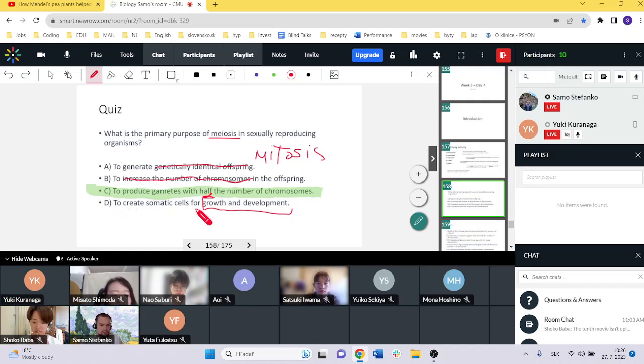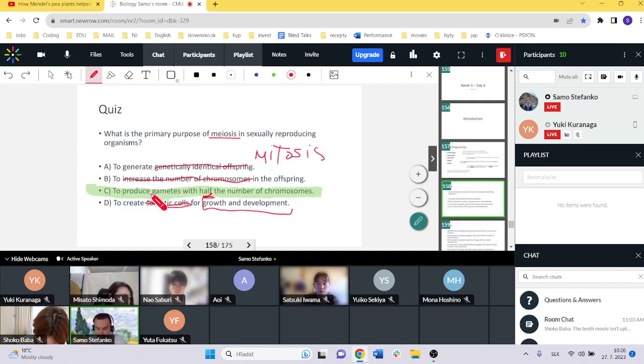In the D, meiosis purpose is to produce a sex cell. Perfect. Sex cells or gametes. So definitely not somatic cells. Meiosis does not ever produce somatic cells.